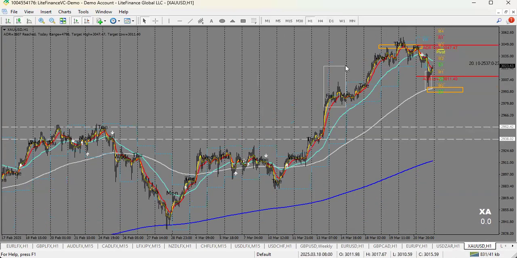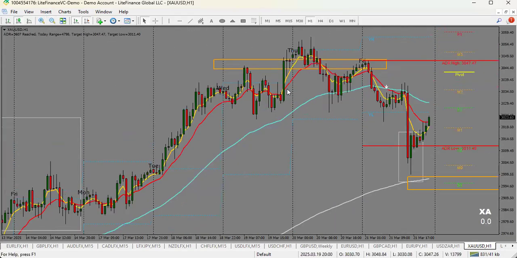So that is what we should be expecting on gold, for price to form another reset and then continue going up. And you can see here it has formed like 1, 2, 3 swipes quick down. So I should be expecting for price to form reset around this area and then continue going up. That is what I should be expecting from gold.